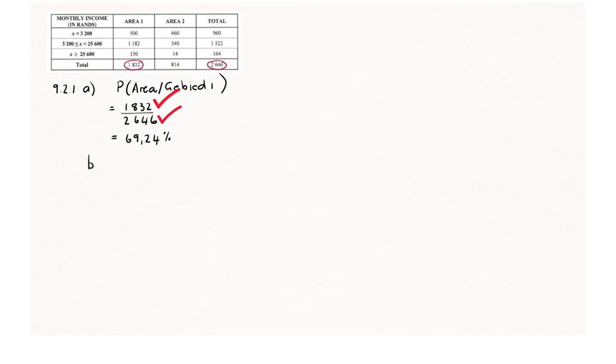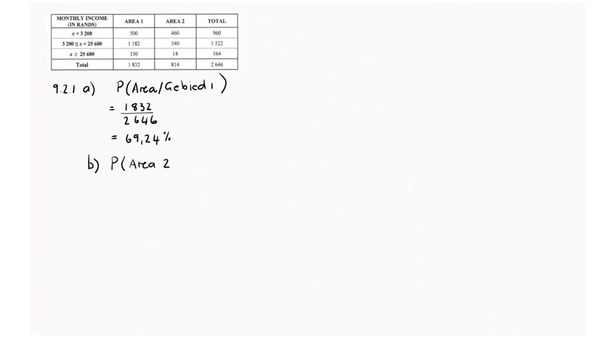In the second question, we have to determine the probability that a person chosen randomly from the entire sample will be from Area 2 and earn less than 3,200 rands per month. First, we need to determine from the table how many people are from Area 2 and earn less than 3,200 rands per month.